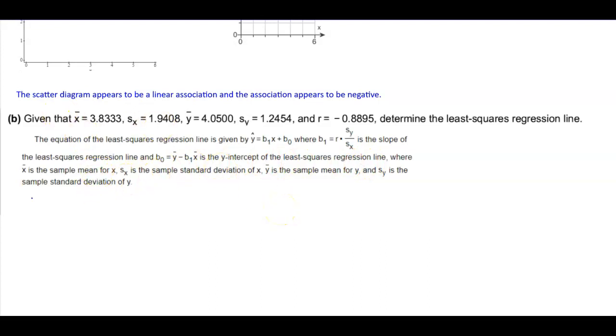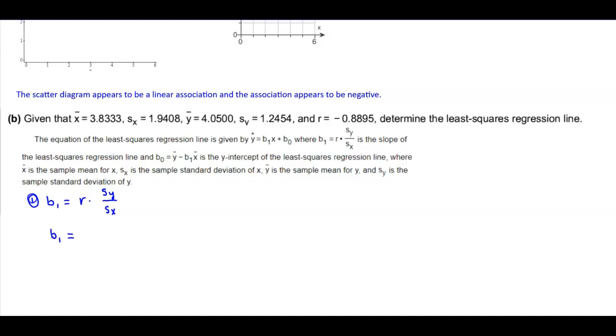So the first thing we're going to do is find out what b1 is equal to. Using the formula, b1 is going to be r times the standard deviation of y over the standard deviation of x. Well, we're given those values.